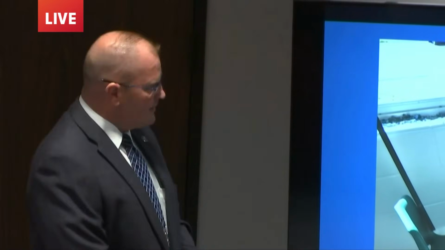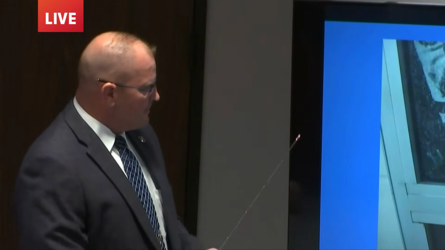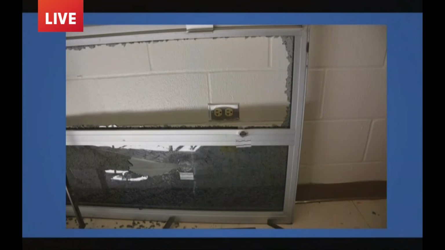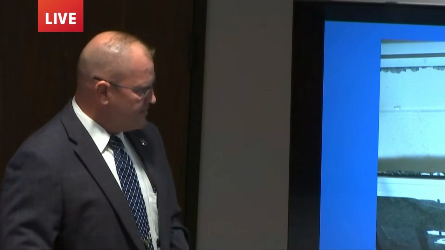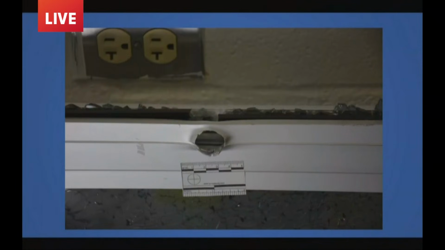Showing you Exhibit 183. Okay, yes, this is a bullet defect that's in the window frame. And 184. Another bullet defect in the window frame. And 185. Closer view of the defect in the window frame.